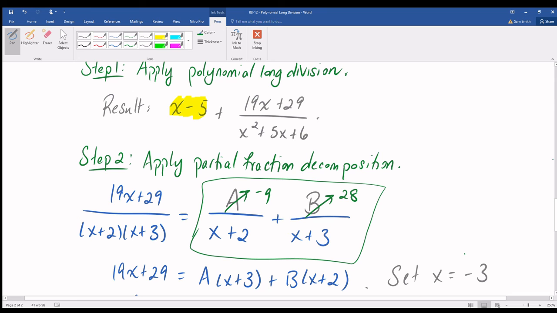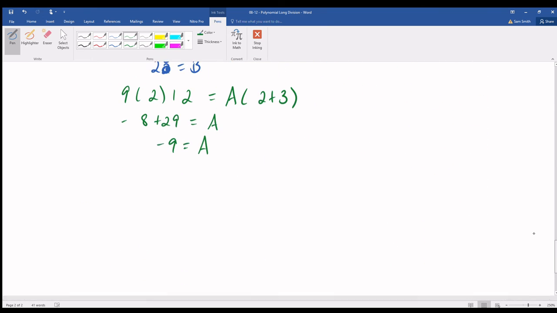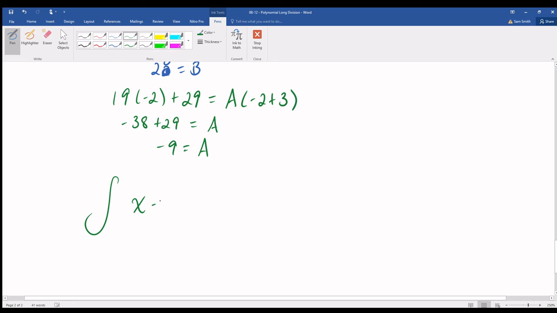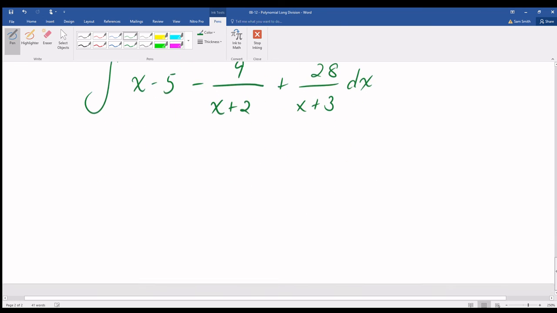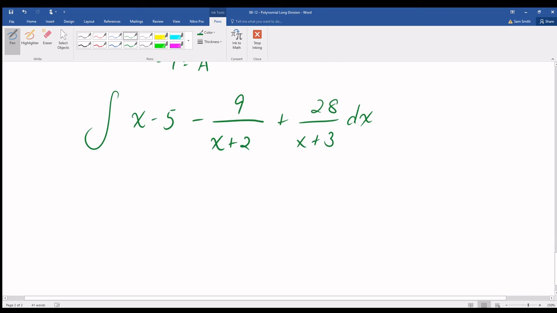So what are we integrating? We are integrating x minus 5 minus 9 over (x plus 2) plus 28 over (x plus 3) with respect to x. And finally, we have broken this function down to the point where it is a sum or difference of sufficiently simple expressions.